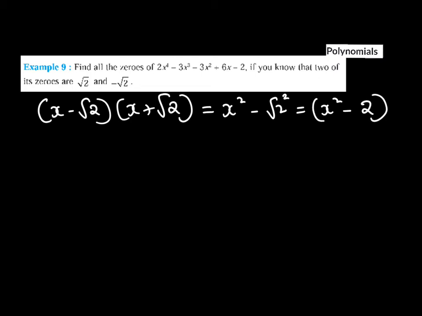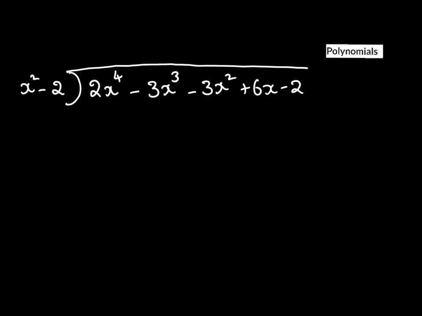So this is one of the factors of this polynomial. In order to find the other 2 zeros, we will divide the polynomial by its factor x squared minus 2.